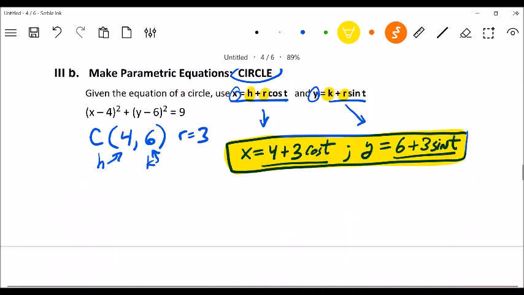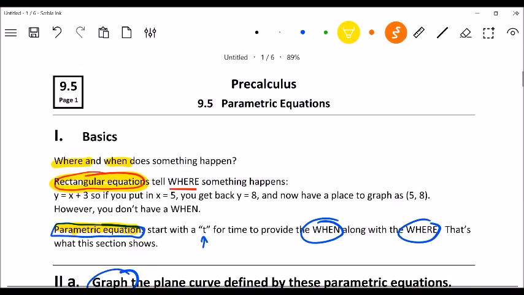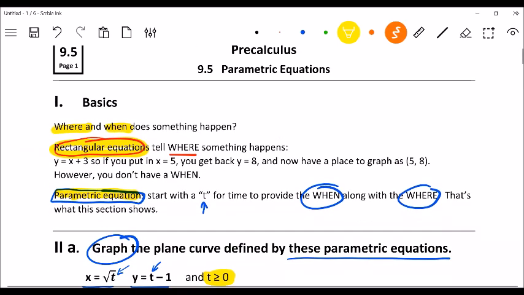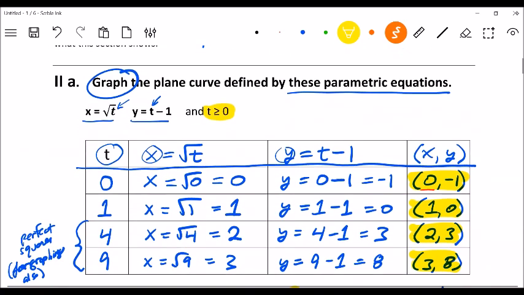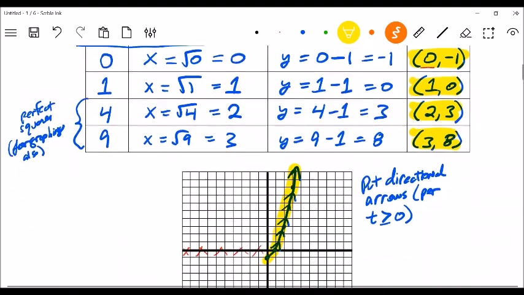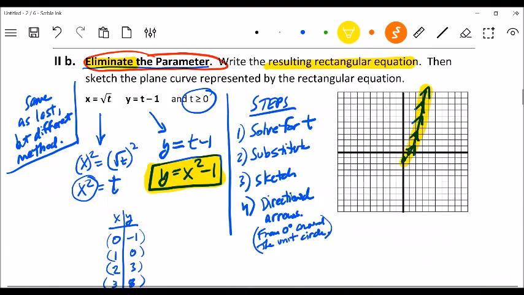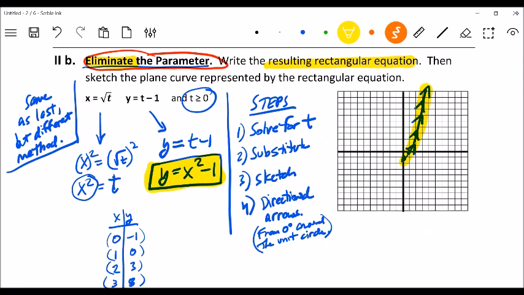So what we've looked at is the basic idea for parametric equations to get a time or a direction in time there. Following this is one method to sketch it, and this eliminating the parameter as a different method to sketch the same thing.